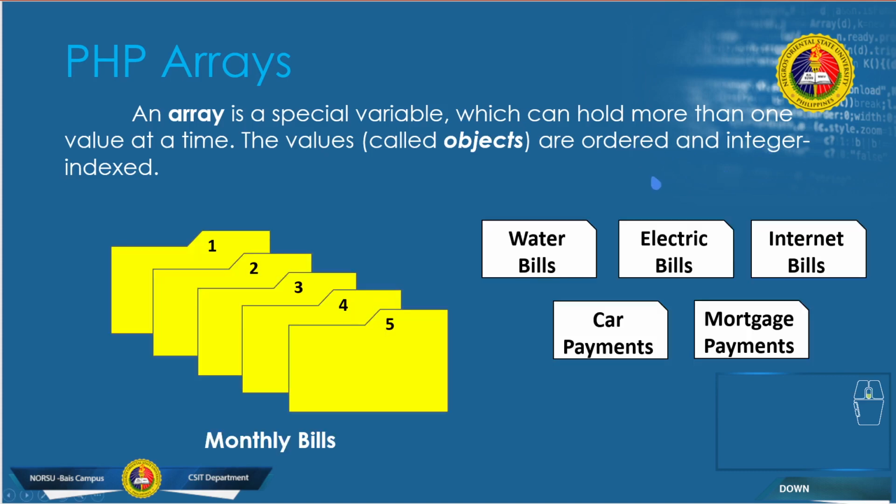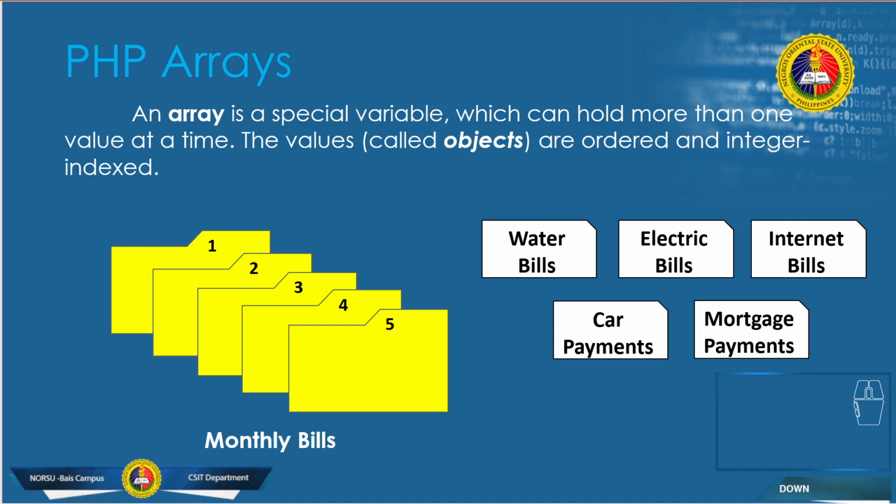Okay, so if we're going to compare it to a non-programming analogy, it's like, especially when you're already an adult, I'm not sure if you're doing this since you're still studying, but most adults will keep track of their monthly bills.